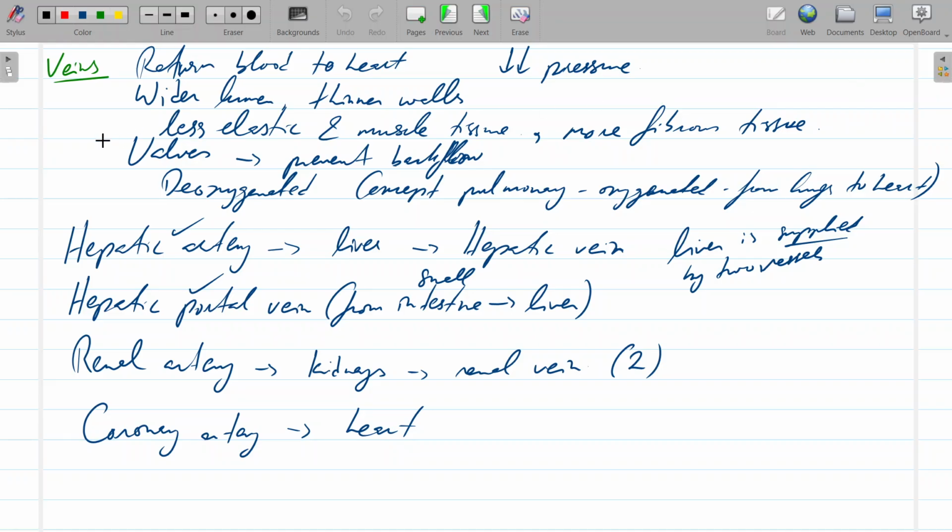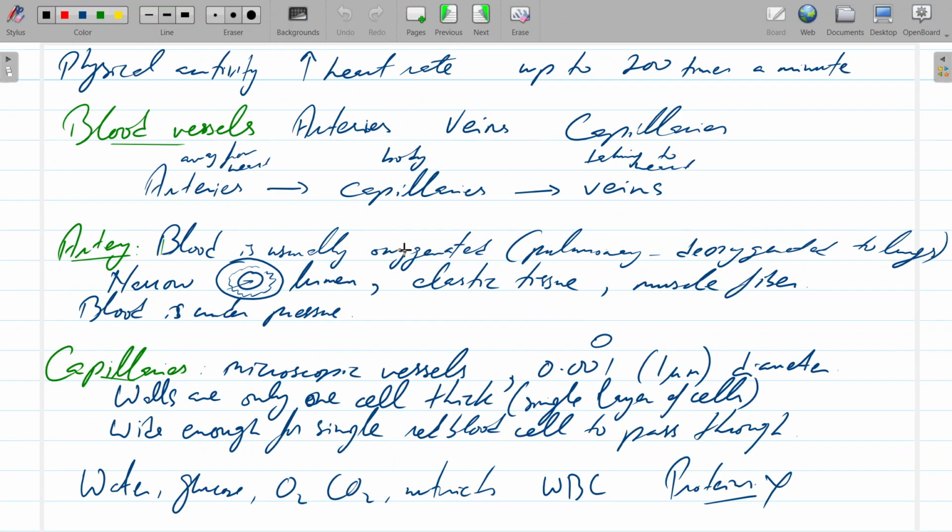And veins are the ones carrying blood towards the heart, and most of them carry deoxygenated blood except for the pulmonary vein. And arteries are the ones carrying blood away from the heart, and most of them carry oxygenated blood except for the pulmonary artery.